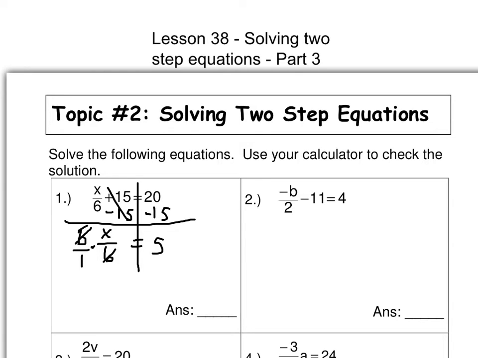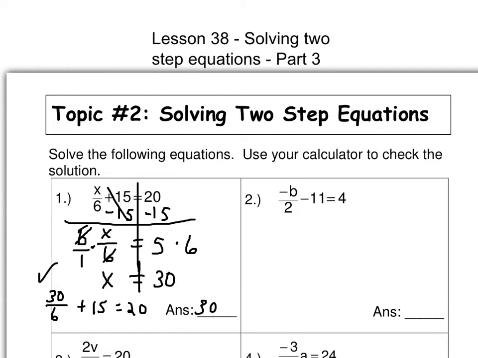So then I'm left with x, and that equals 5. I have to multiply by 6 on the right side as well, so I get 30. Now you can double check, and you can do 30 divided by 6, that equals 5, plus 15, and that equals 20, and it checks. So my answer is 30.